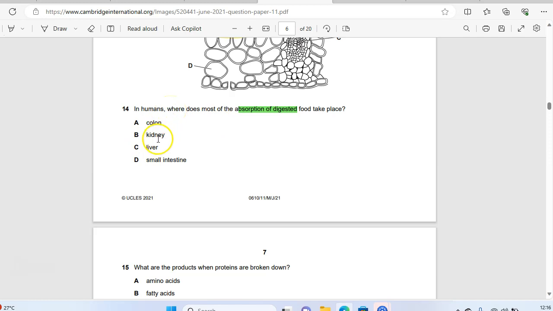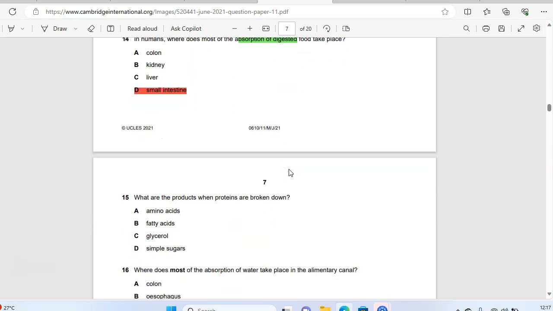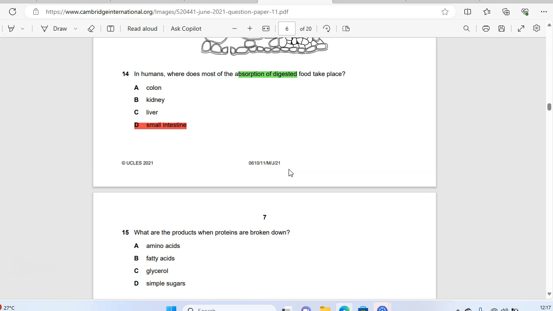Colon, no. Kidney, no. Liver. Liver is an accessory gland, not even the main gland of your digestive system. Small intestine, especially the ileum, is the answer. If the examiner asks where mainly digestion takes place during the digestive process, the answer will be different. For absorption, the answer will be small intestine.